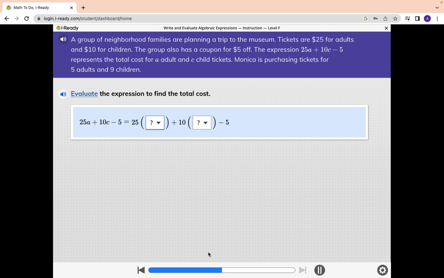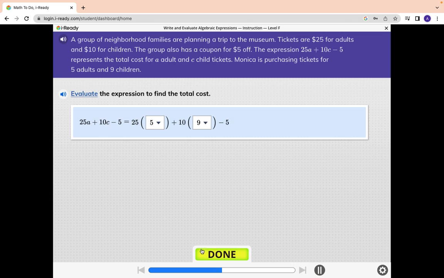We need to evaluate this expression, so 25A plus 10C. We need to figure out what A is equal to. A is adult, so this is a 5 and this is a 9. A is adult, C is children.